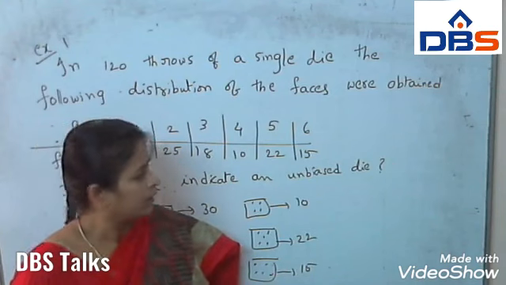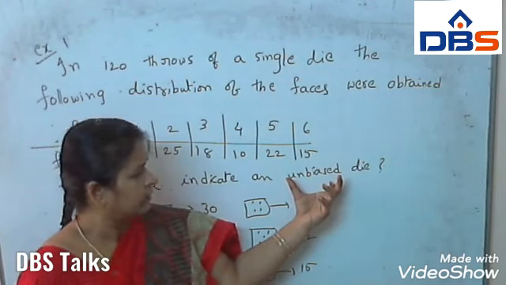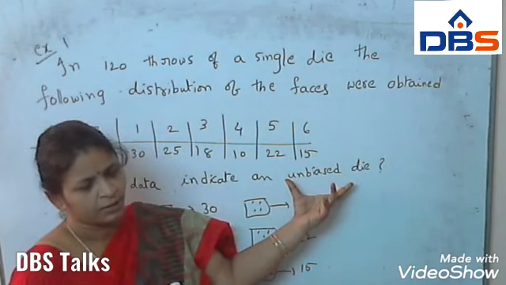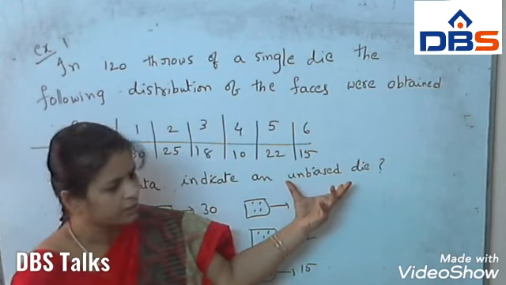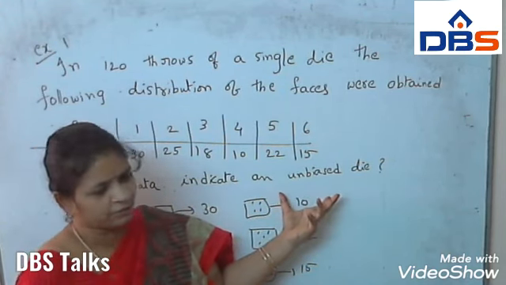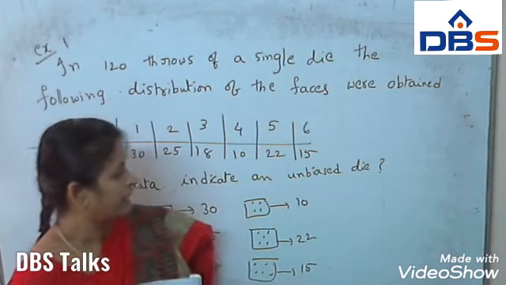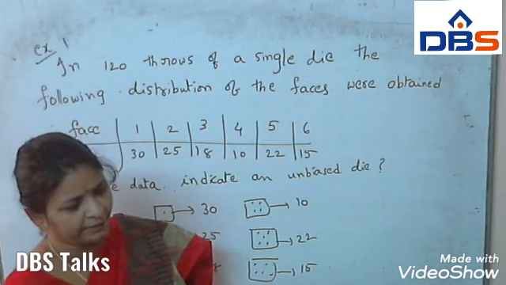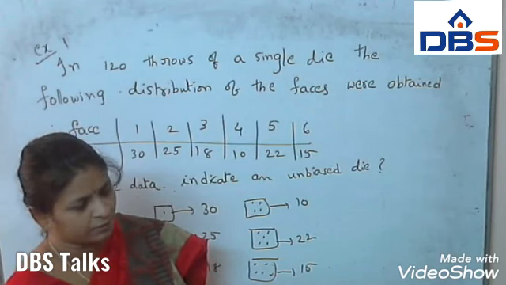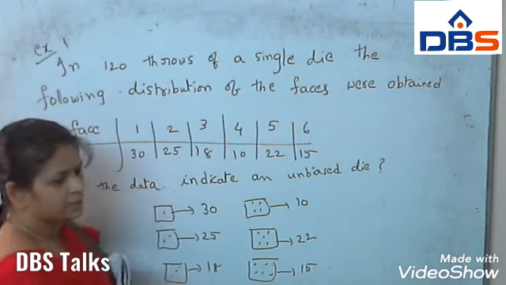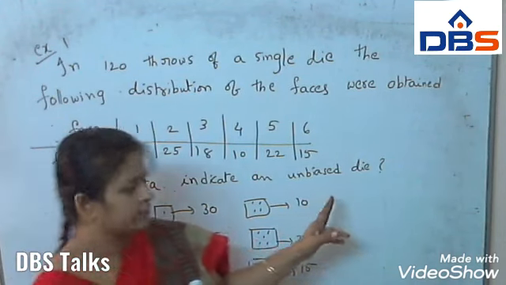First, we have to learn what is meant by unbiased and what is meant by biased. Unbiased die means a fair die, a die without any damages or defects. Biased die means a die with damages.